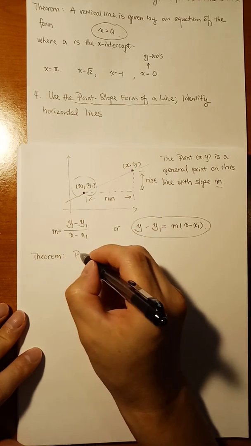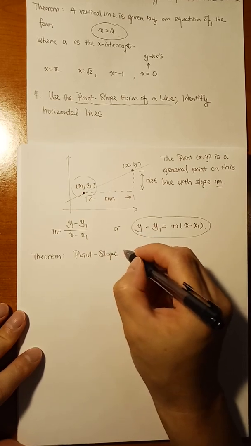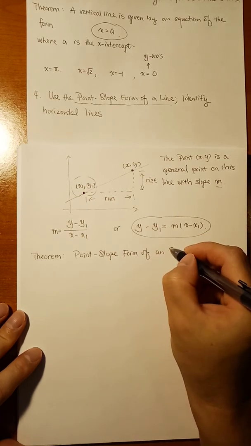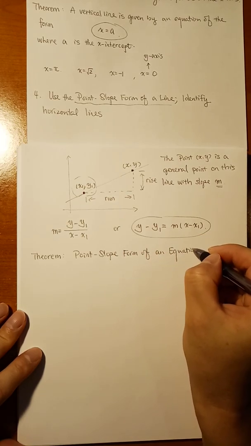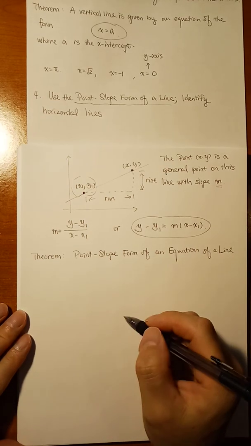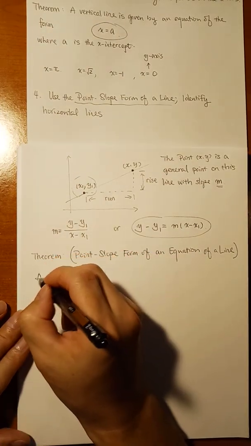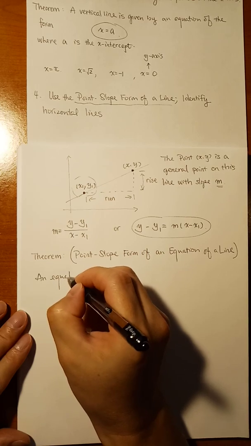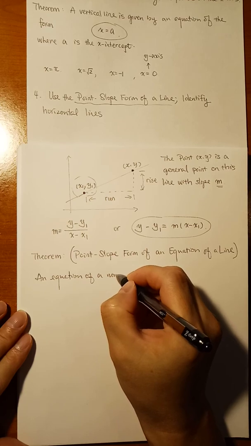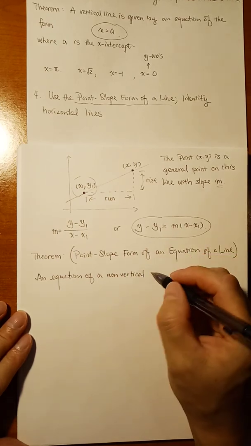Okay, so the point slope form of an equation of a line. What is it? An equation of a non-vertical line. Remember, we're talking about a line with slope, so it is not vertical.